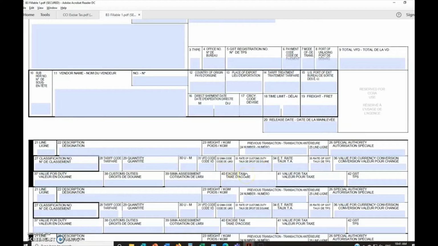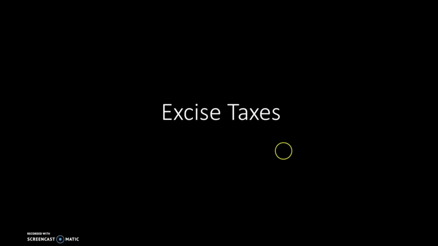It doesn't say excise duty. So in order to do the alcohol entries, I'm going to need to do the excise tax entries first so that we use the excise tax fields, and we'll understand why we don't use them when we talk about excise duties. So anyways, forget about the excise duties. Let's talk about excise taxes.